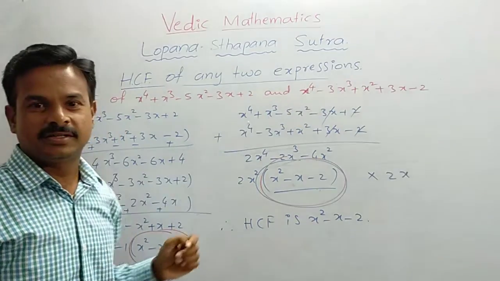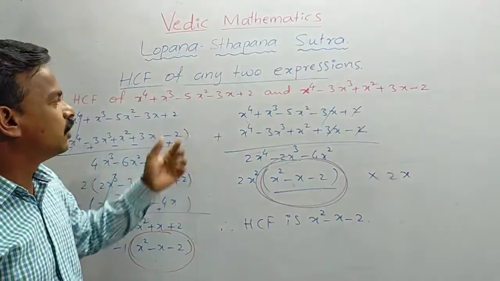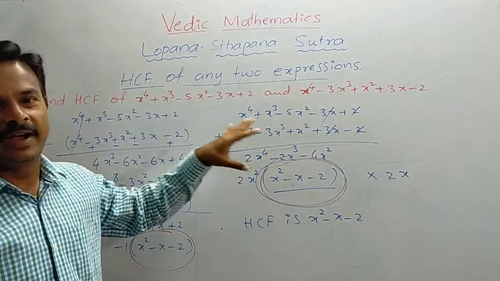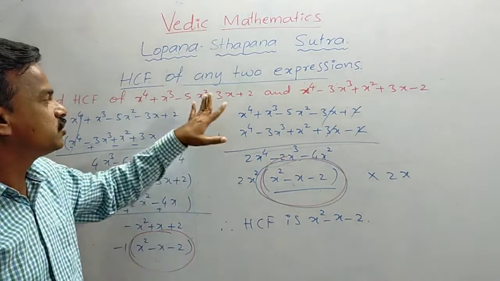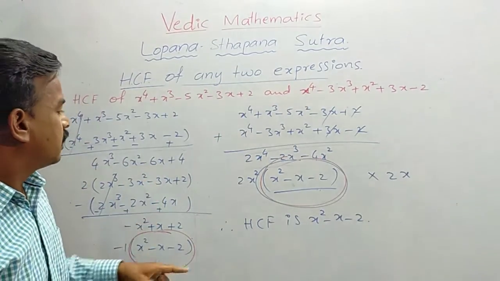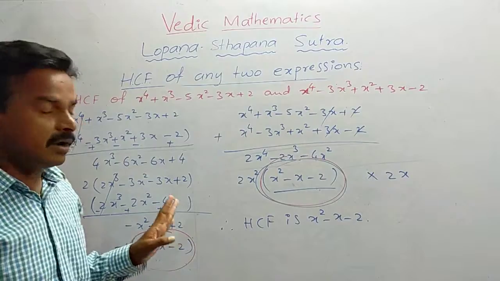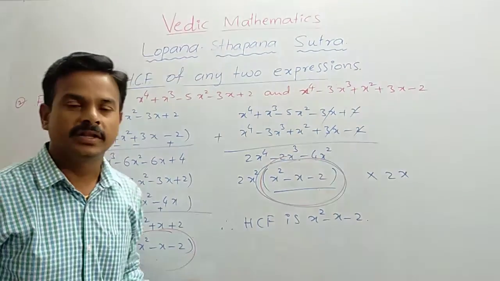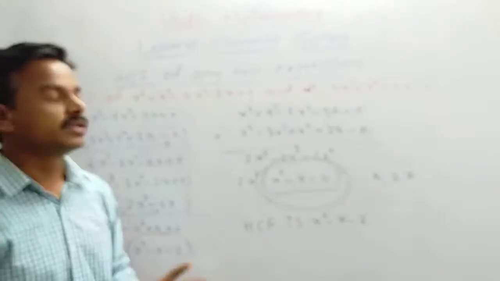For two expressions, totally we get 20 minutes. But in 2 minutes only we can find the HCF of these two expressions. It is a very simple method. Okay, this is addition one. You observe this one. Okay, this is the Lopana Sthapana Sutra.